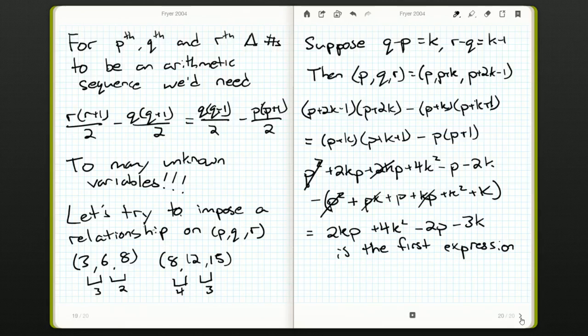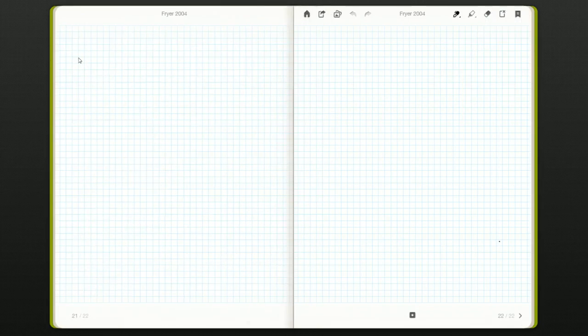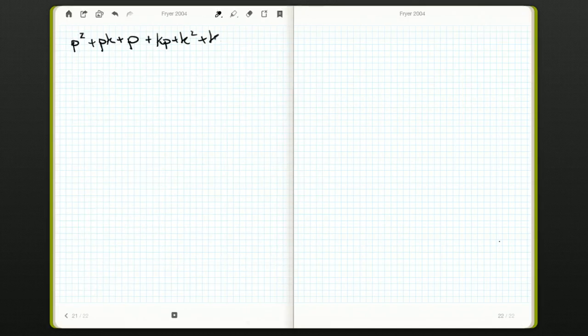Alright, and the second one, that's P times K plus 1. So that's P squared plus PK plus P plus KP plus K squared plus K. Subtract off P squared plus P. So those cancel out once again, and those cancel out.